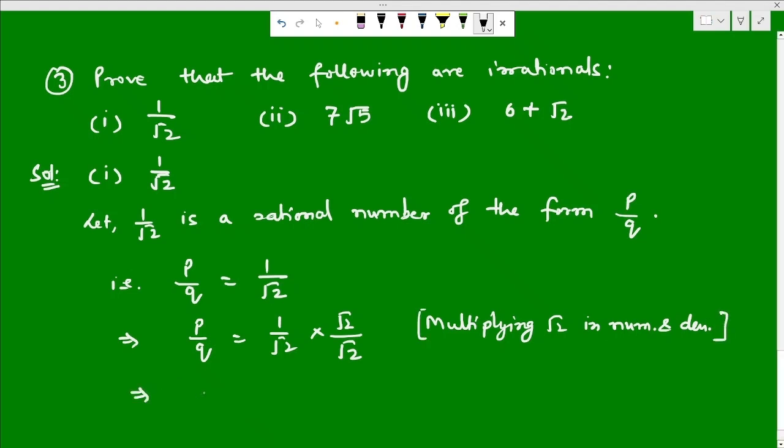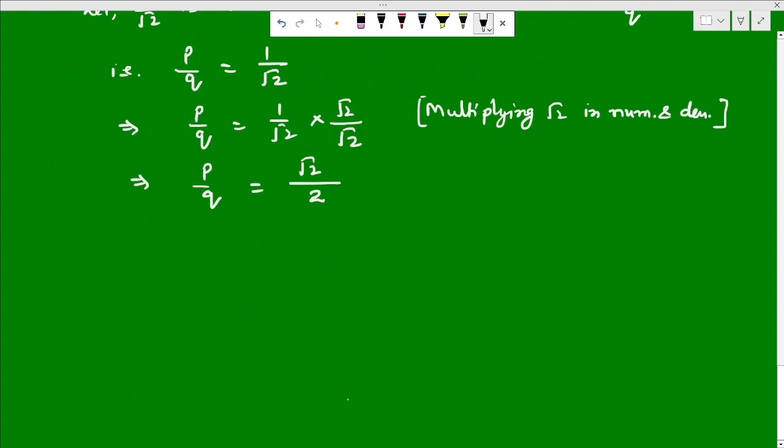This concept, rationalization of denominators, you have studied in class 9th. In the denominator we have root 2 into root 2, that will become 2. Now as we have discussed in question number 2, simply transpose this 2, which is a rational number, to LHS. So we'll be getting 2 into P upon Q equals root 2.